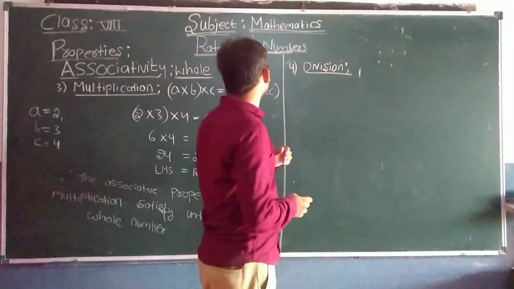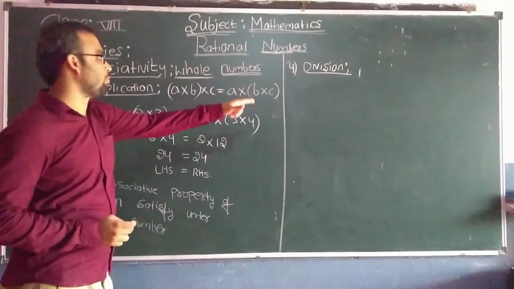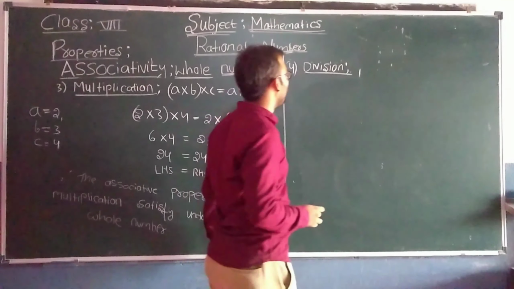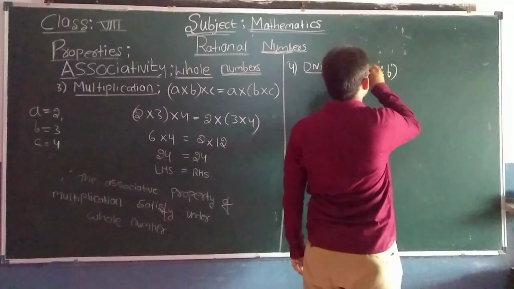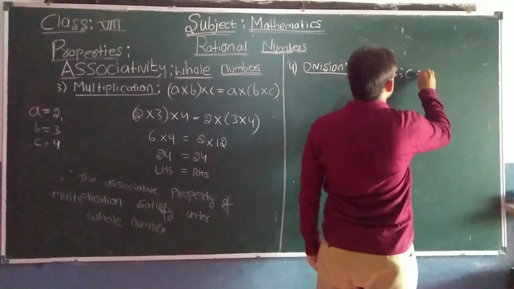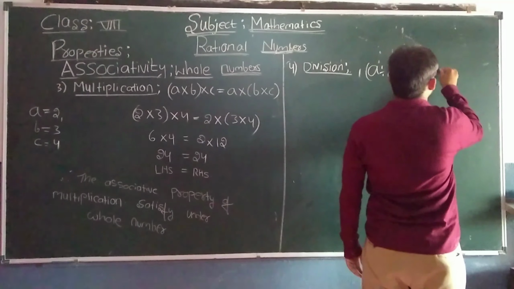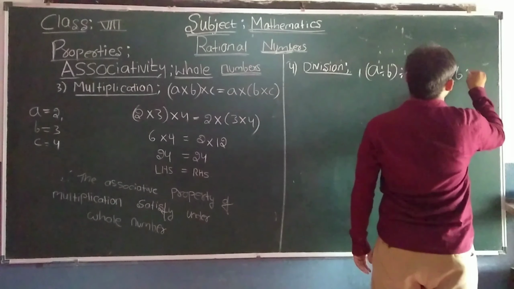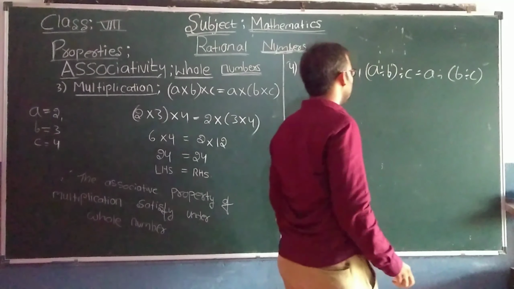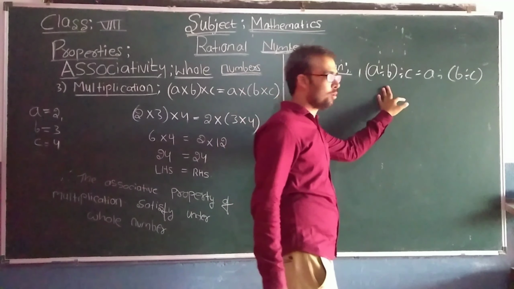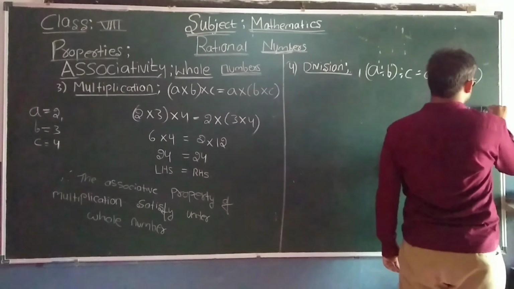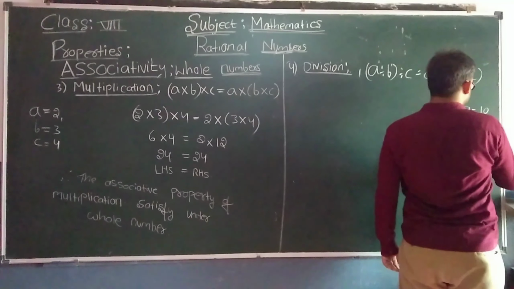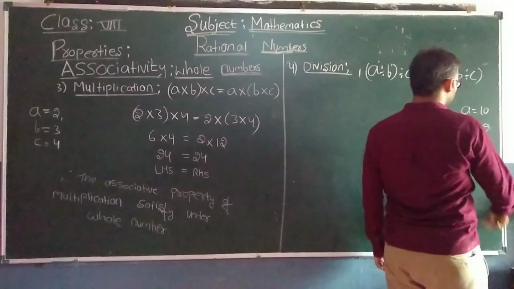Now let us see whether the associative property of division holds good under whole numbers or not. This is the general form: A divided by B divided by C equals A divided by B divided by C. Let us take A as 10, B as 2, and C as 5.